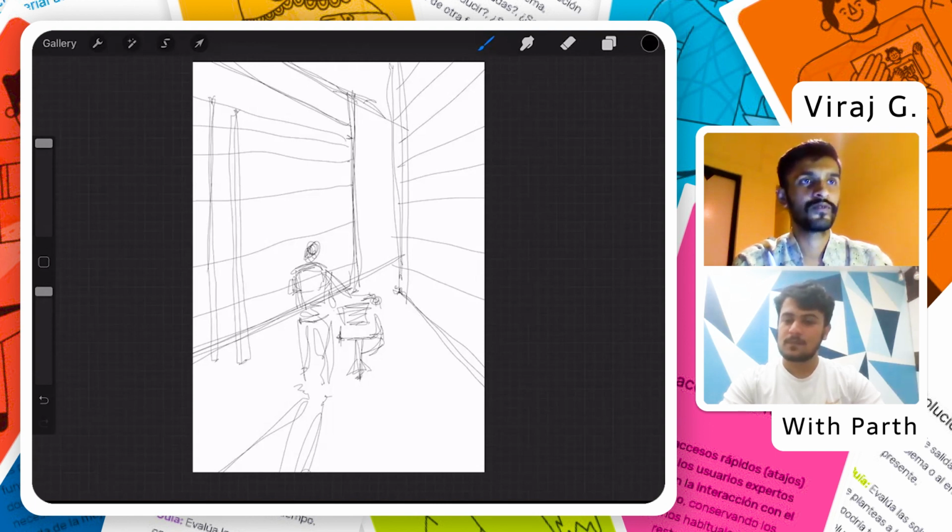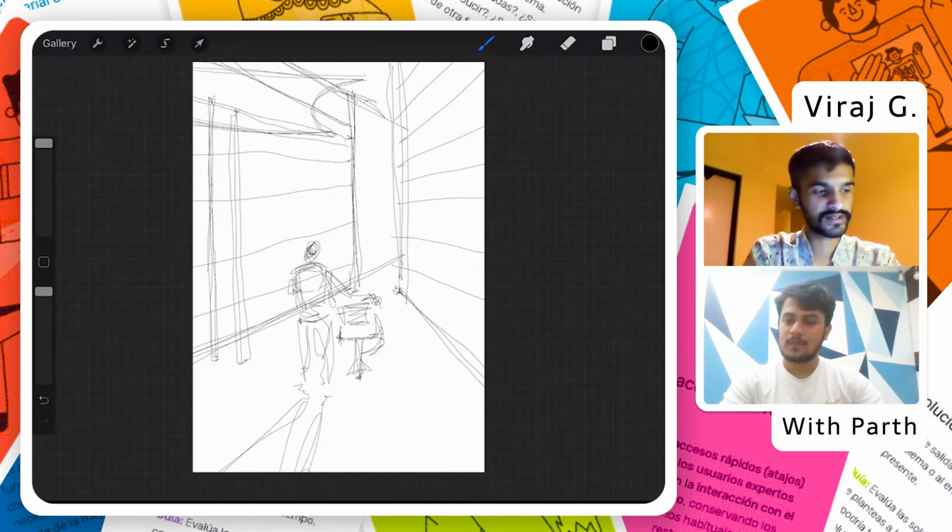If you are going there, say around 6 or 7 a.m. and there is sunrise, and after 2 or 3 hours, when you finish the sketch, you will see different kinds of light effects, right? So this image which I am drawing is kind of a sunrise image, or the photograph which is clicked by the artist is captured during sunrise.